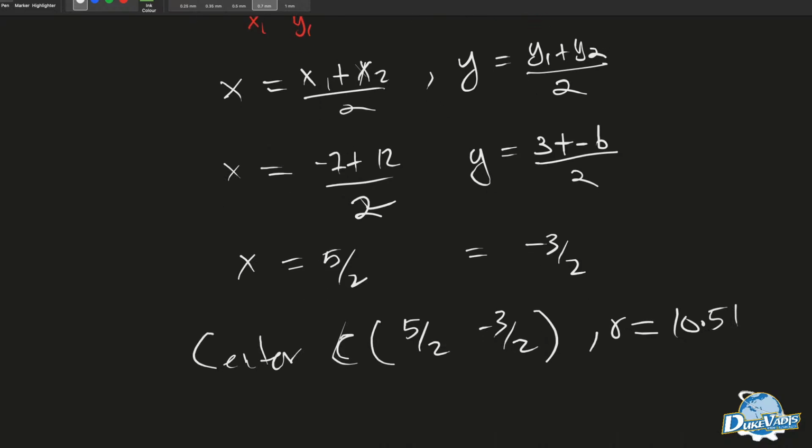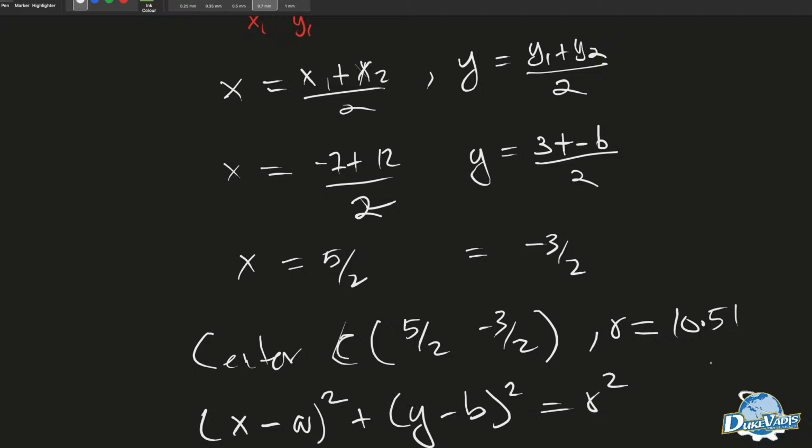So how do you define a circle, as the question is asking us? The equation of the circle is (x minus a) squared plus (y minus b) squared equals r squared. All we have to do is substitution. We substitute this value in place of a and this value in place of b, and put the radius into the equation.